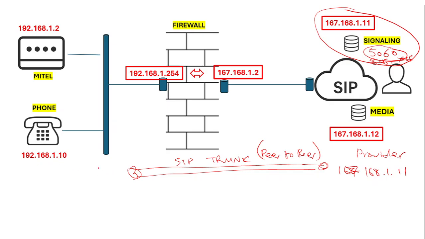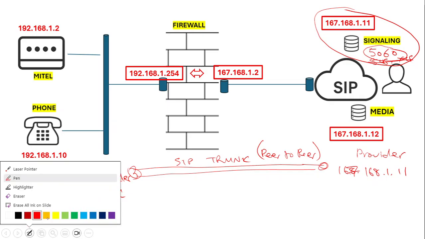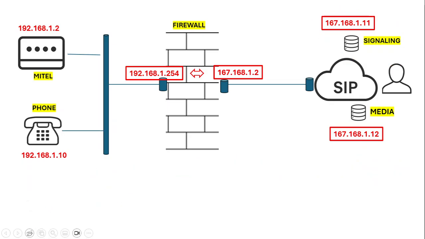And on this other left side of the SIP trunk will be our Mitel controller, which has an IP address. In this case, the IP address is, okay, let me change a color so that this is visible.